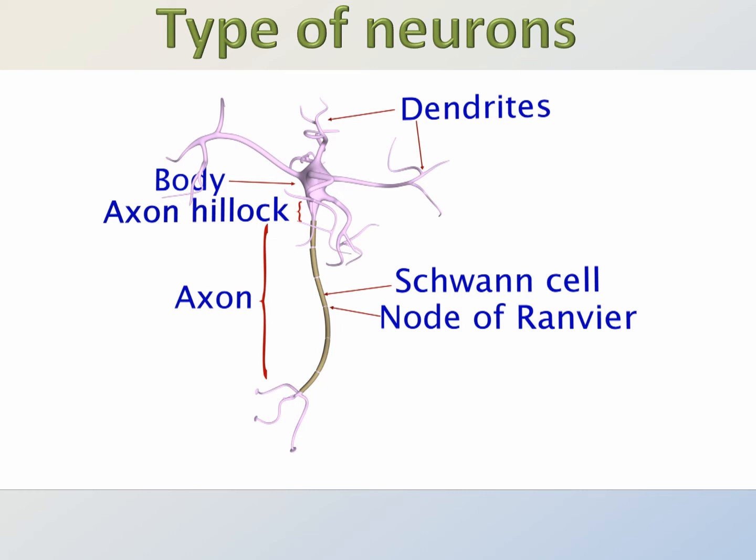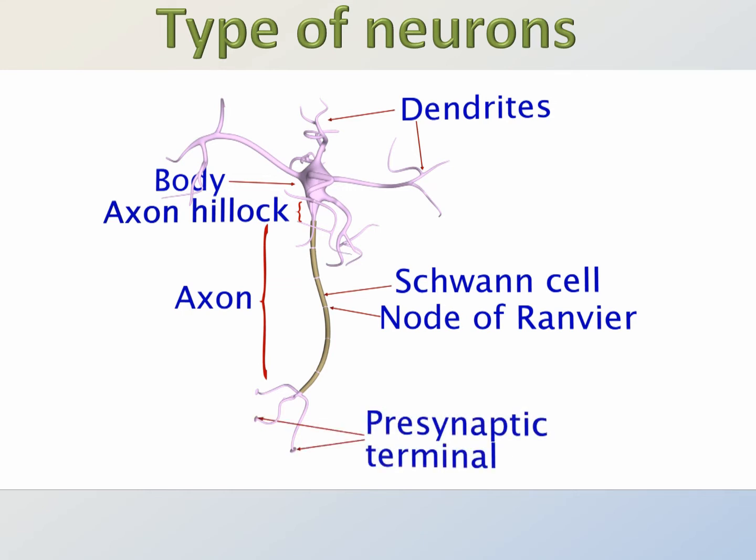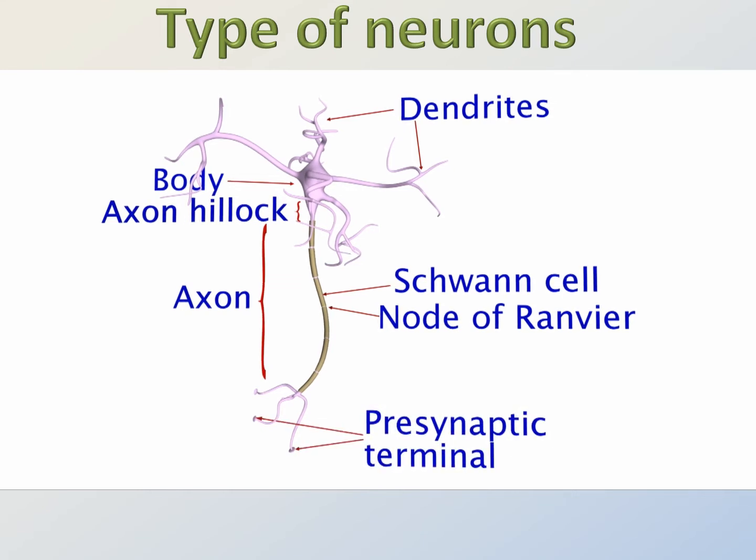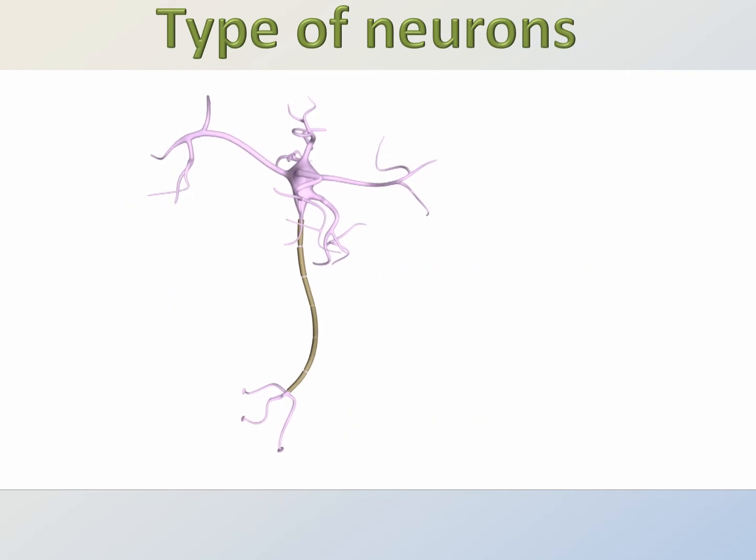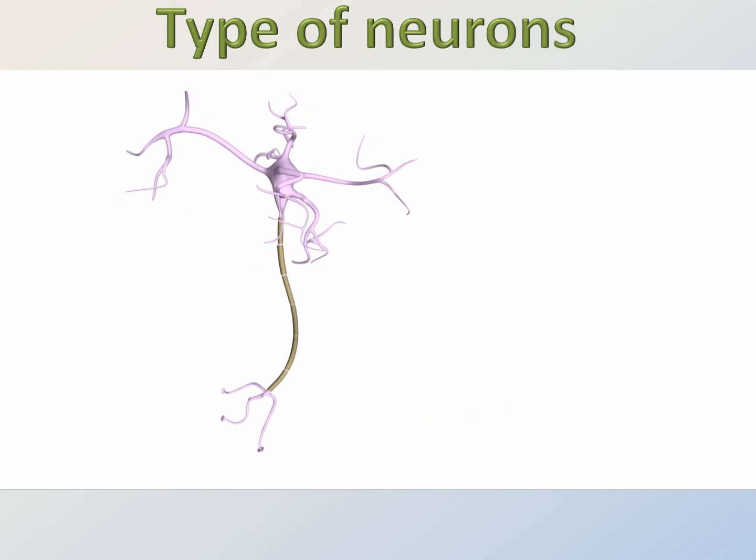In the central nervous system, the axons of neurons are insulated by oligodendrocytes. At the end, the axon may separate into several branches which will connect to different cells. The connections are made through specialized structures called presynaptic terminals.